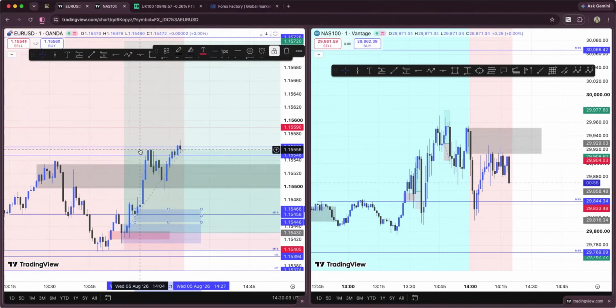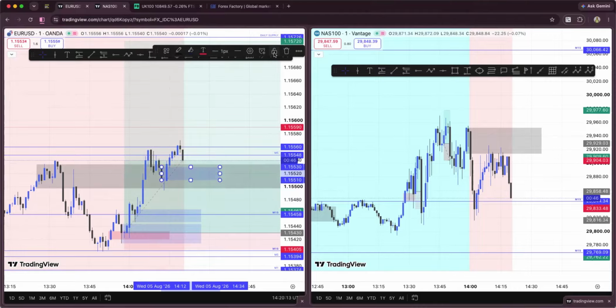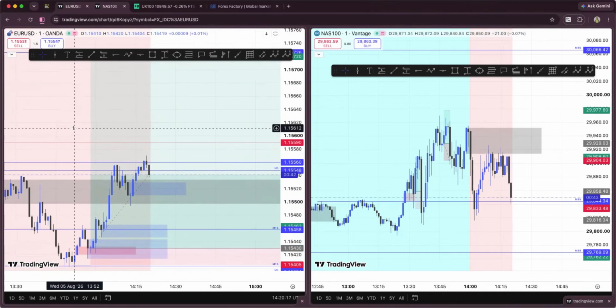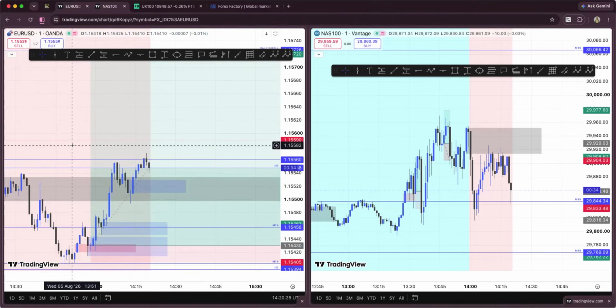But price didn't, and price broke above this high right here, creating this demand right here. So this is going to be the demand I'm looking forward to hold the move. If not, right now I haven't broken even yet, so I'm going to break even just because we've created two different demands in the move. So let's see how this move goes. Let's see how NAS100 also goes.